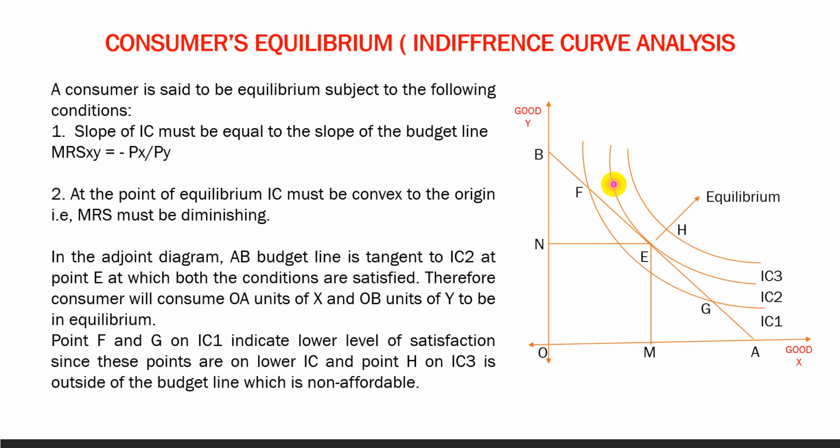So from here it will start to fall and come here, and at this level MRS XY is equal to minus Px by Py. So at this level the consumer is not in equilibrium when MRS XY is greater than the ratio of the prices of the two goods, the slope of the budget line.